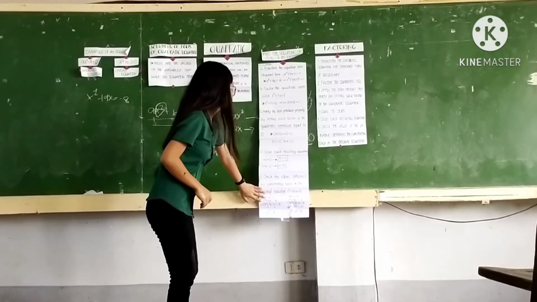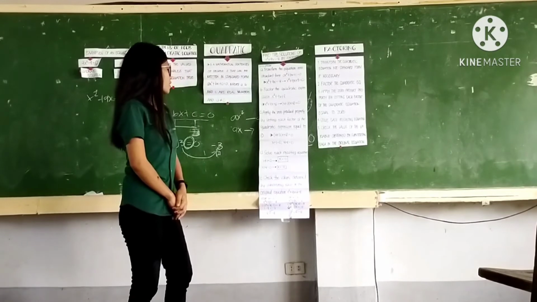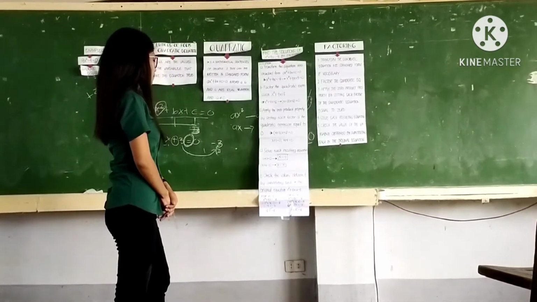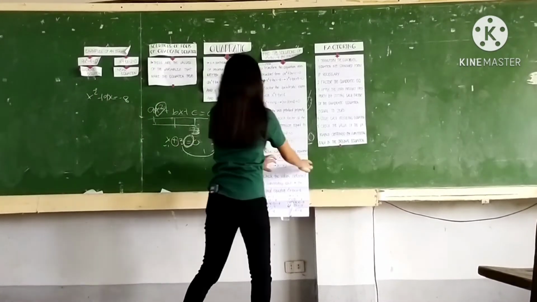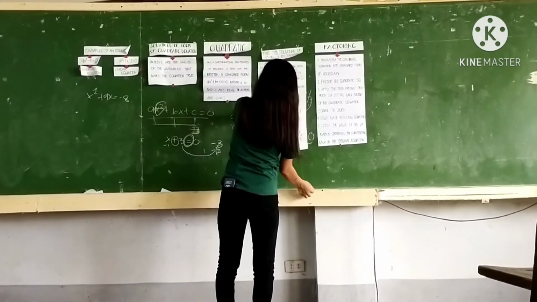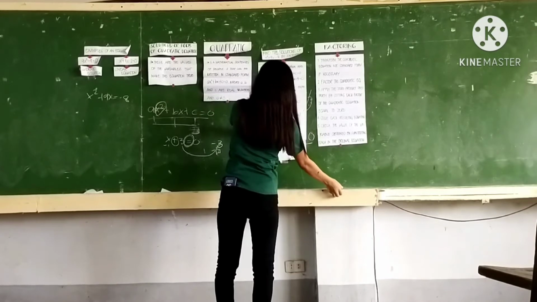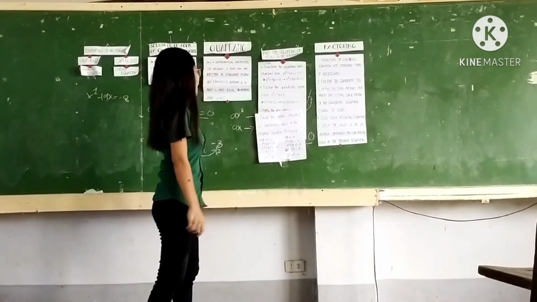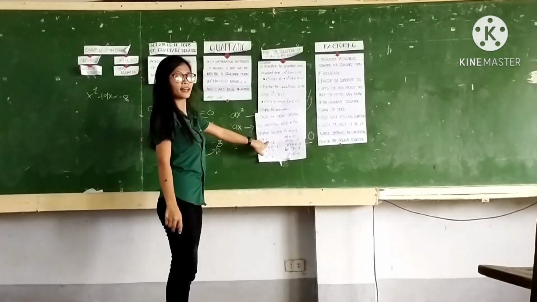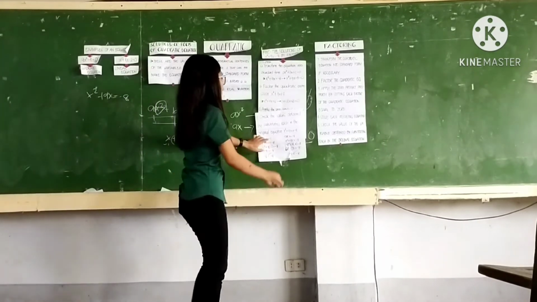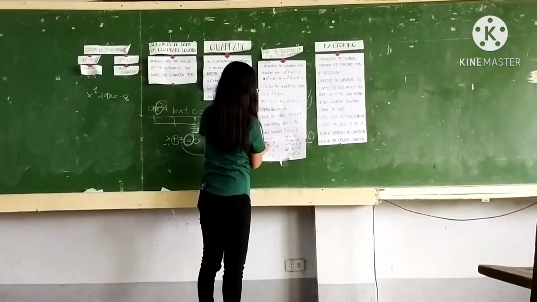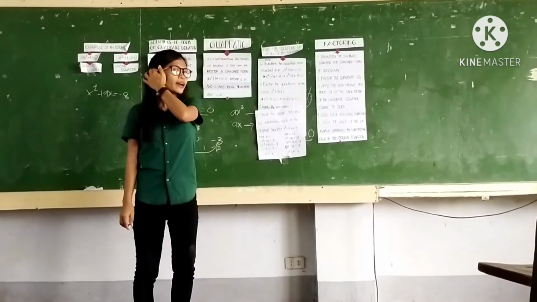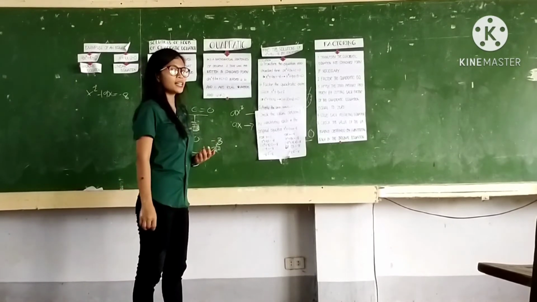Let's check the values obtained by substituting each in the original equation. Since we already have x is equal to negative 1 and x is equal to negative 8, we are just going to substitute them into the original equation.